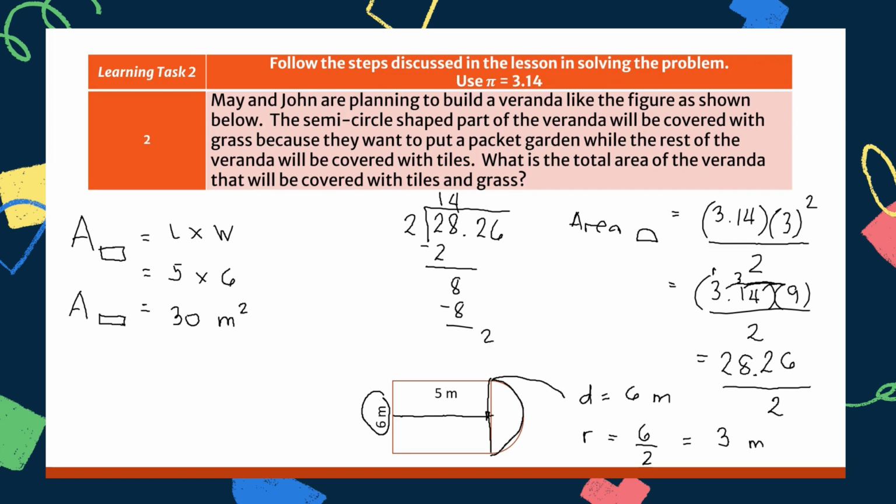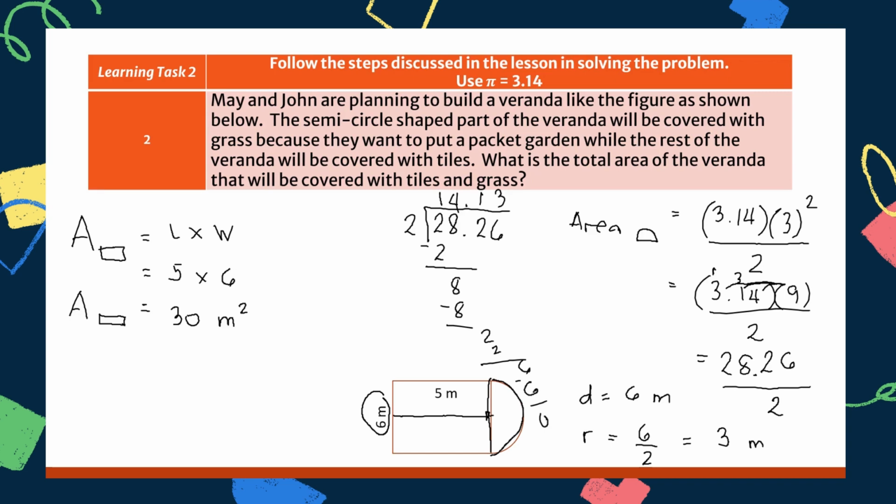2 divided by 2, put a decimal point. Then 2 divided by 2 is 1, and 1 times 2 is 2. A difference of 0, then bring down 6. 6 divided by 2 is 3, and 3 times 2 is 6. So, the difference of 6 and 6 is 0.